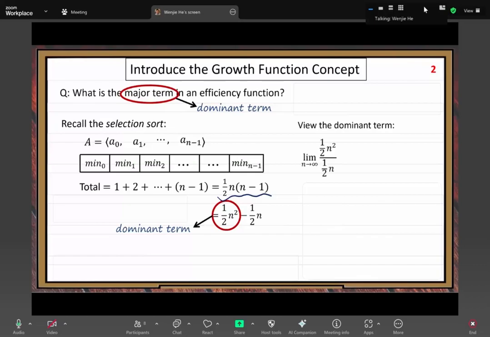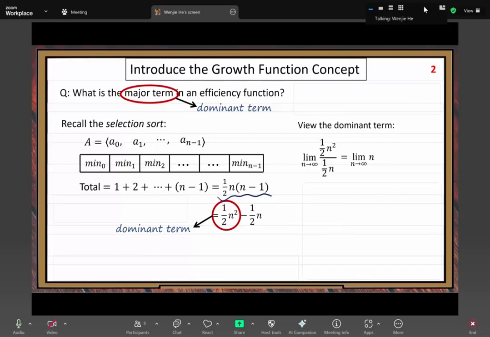All right, let's take the ratio between these two terms. We use the first term over the second term, then look at the ratio where n goes to infinity. We look at the limit. Here we need to use the calculus knowledge. After cancellation, you can see the limit is n.